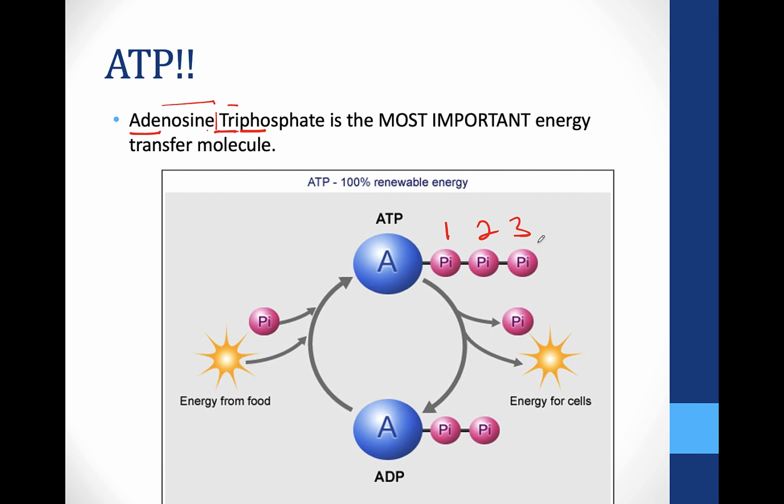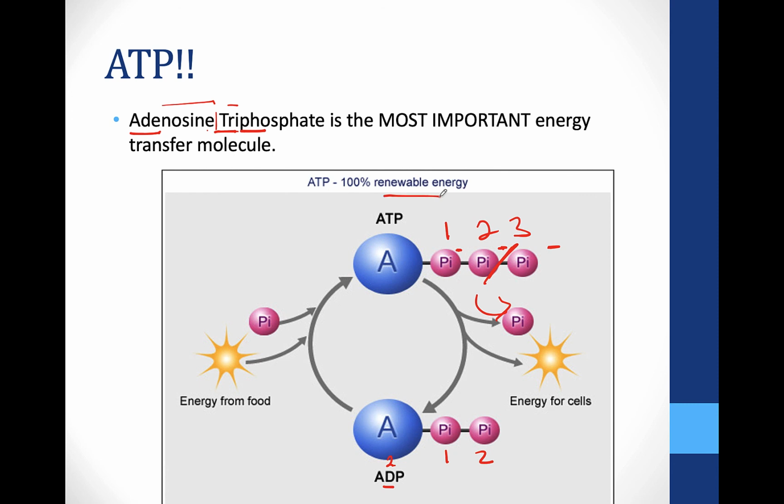And one thing to remember about these phosphates is they have a negative charge on them. So imagine taking really strong magnets and trying to stick the negative ends together. That's hard to do. It takes a lot of energy. So when we break this bond here and release a phosphate, it actually releases energy. And we end up with something called adenosine diphosphate. 1, 2.